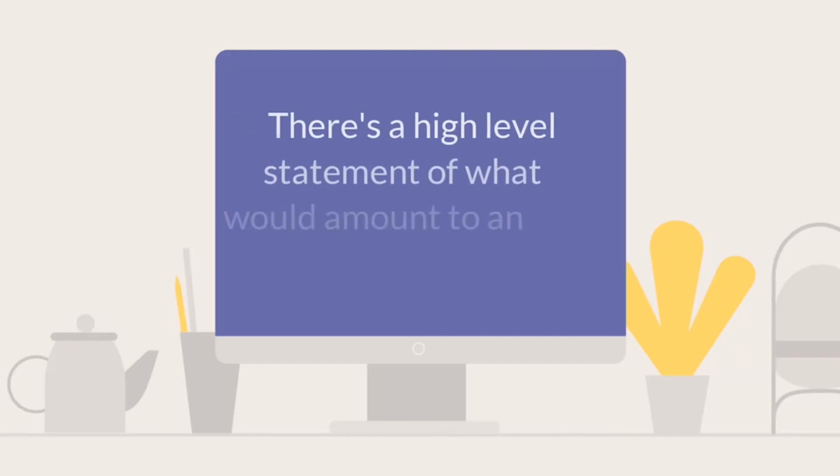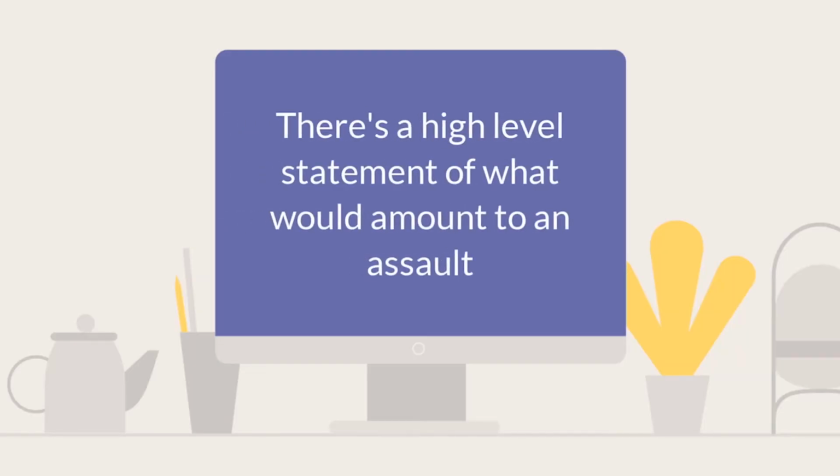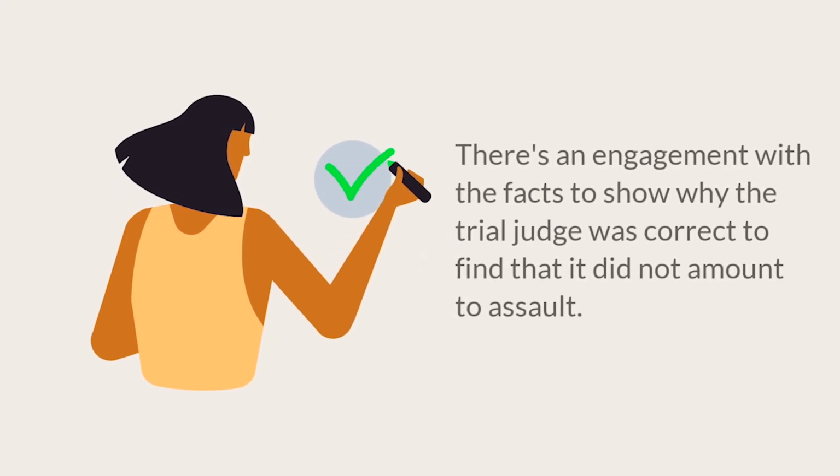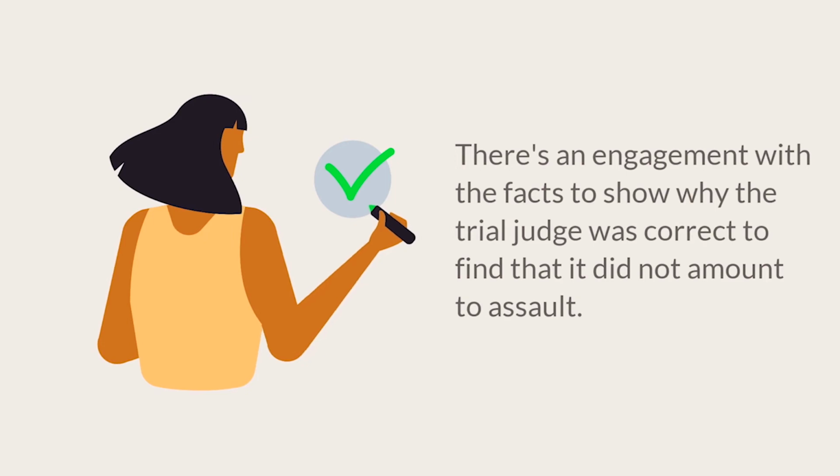So the difference between 1.1 and 1.1.1 is that there's a high-level statement of what would amount or could amount to an assault, and then there's an engagement with the facts to show why the trial judge was correct to find that it did not amount to assault.